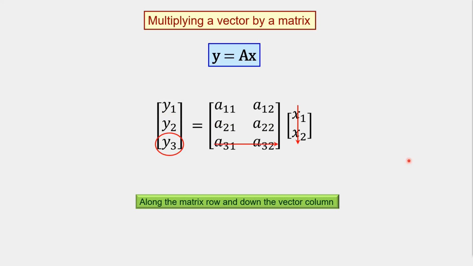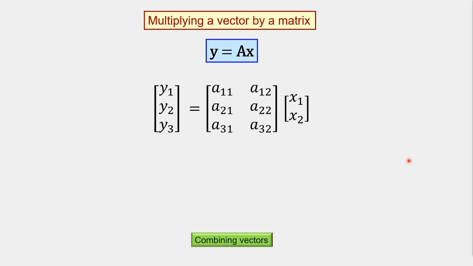Or we can look at it another way. We can say that this matrix A can be thought of as having vectors in its columns. So this 3 by 2 matrix A has a 3-element vector in its first column and a 3-element vector in its second column.